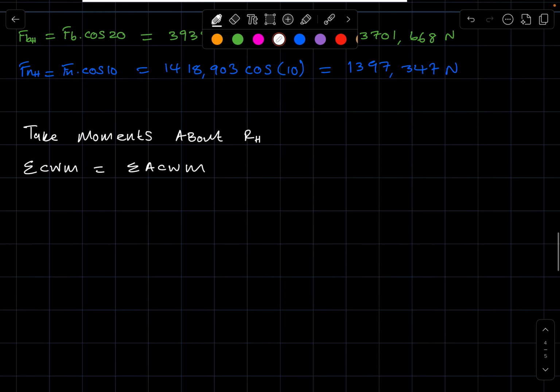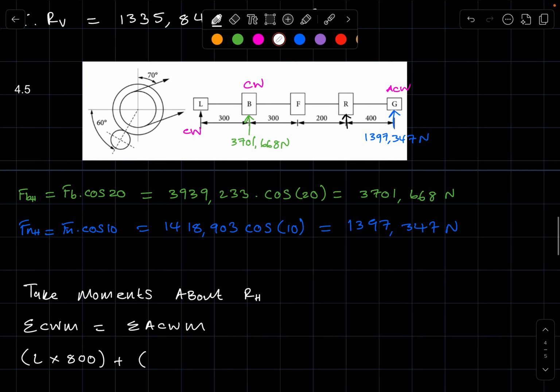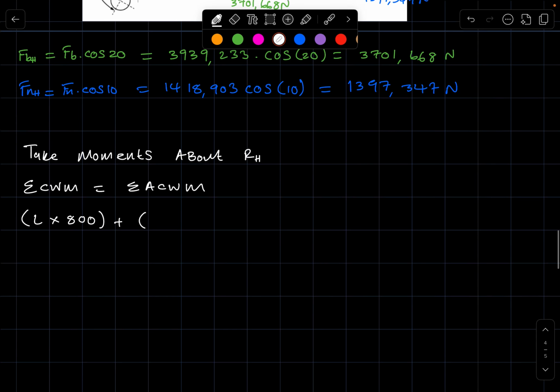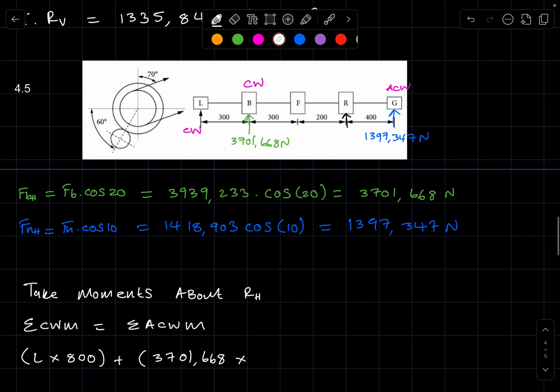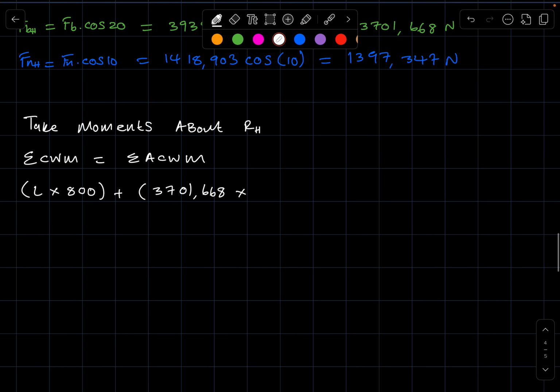And so on the clockwise side, you have the left-hand bearing times the distance between the two bearings, which is 800, plus this component of the belt force, which is 3701,668 times the distance between the belt drive and the right-hand bearing, which is 500.